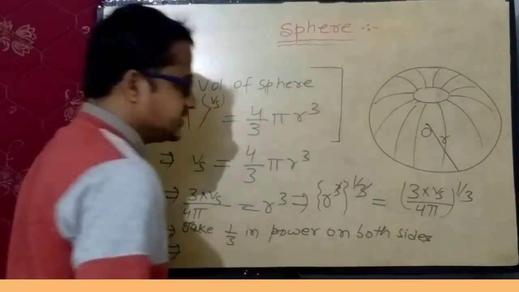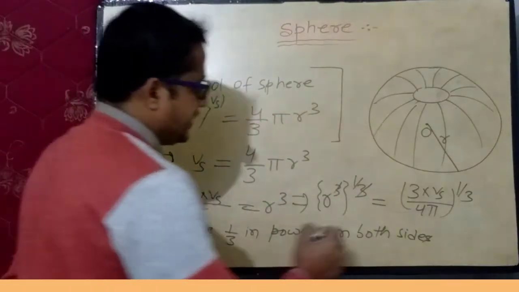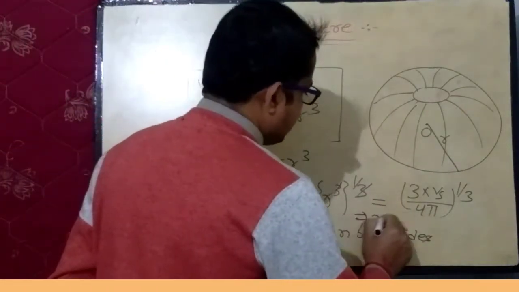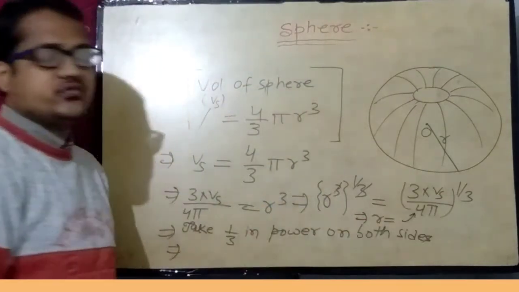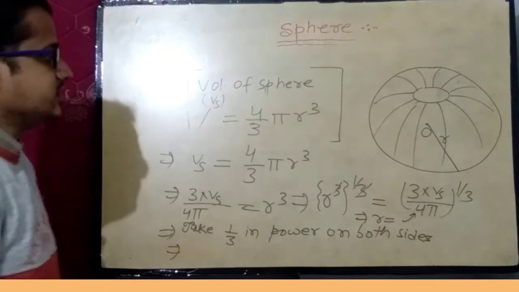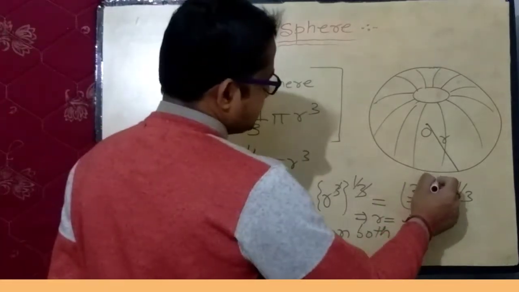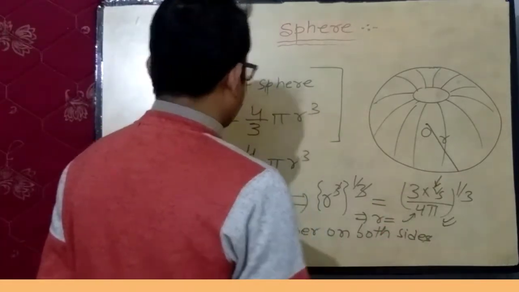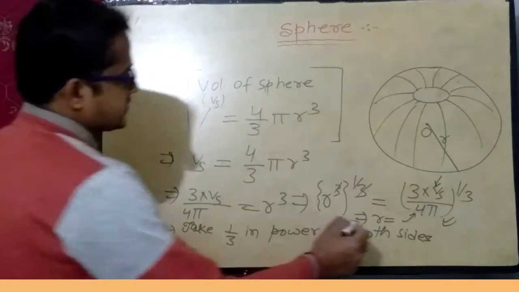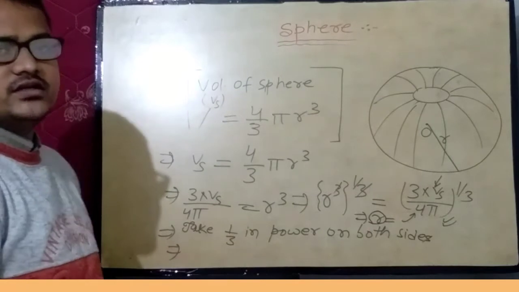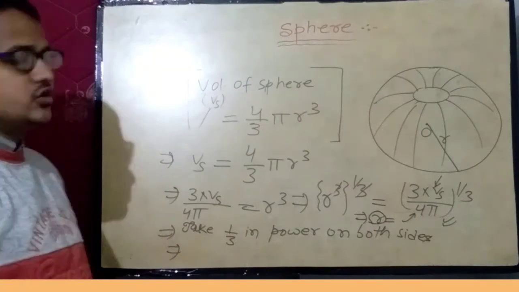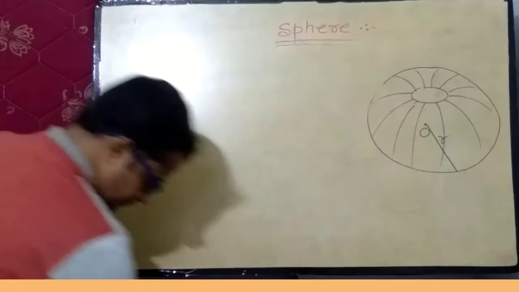This 3 and this 3 will get cancelled out, and you will get r equals (3 Vs upon 4 pi) to the power 1 by 3. Put the value of Vs here and solve it in order to get the radius of the sphere. By using this procedure, you can calculate the radius of a sphere if the volume of a sphere is given to you.